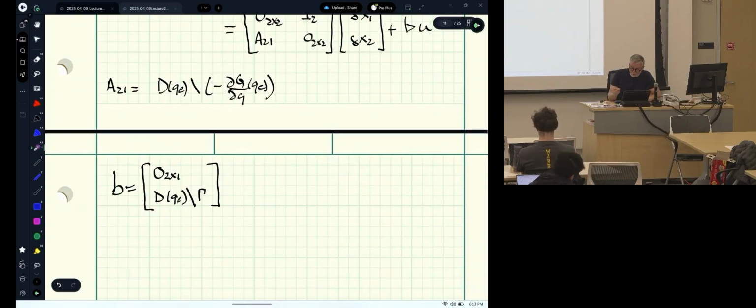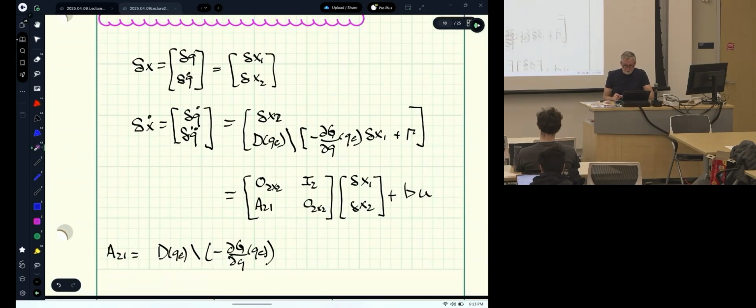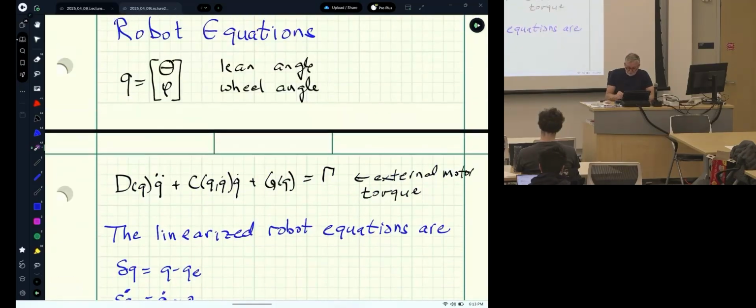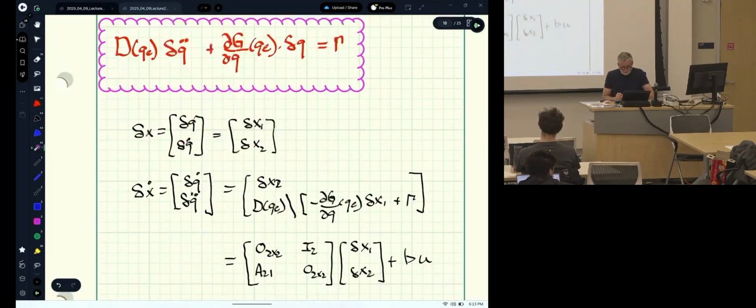And to do that, you just evaluate the mass inertia matrix at a point, and then you take the Jacobian of the gravitational vector term in the robot equation.